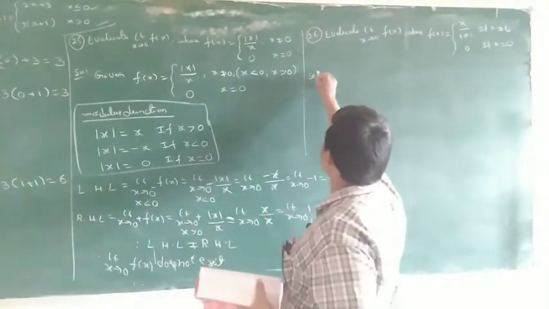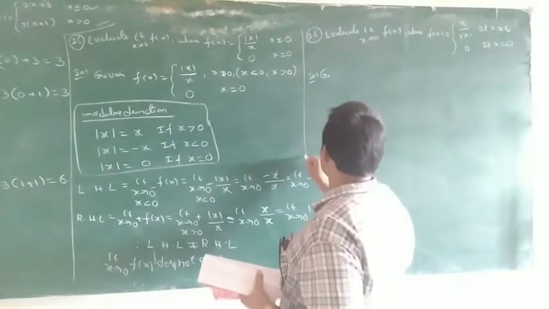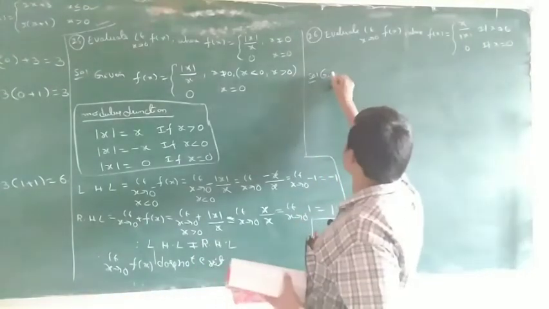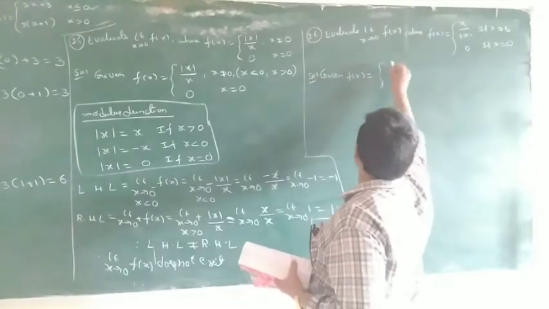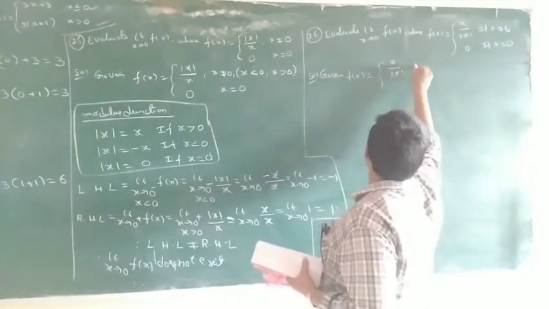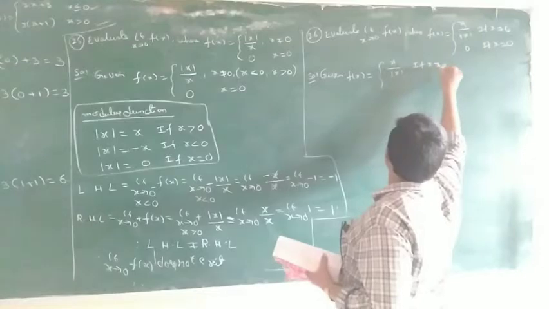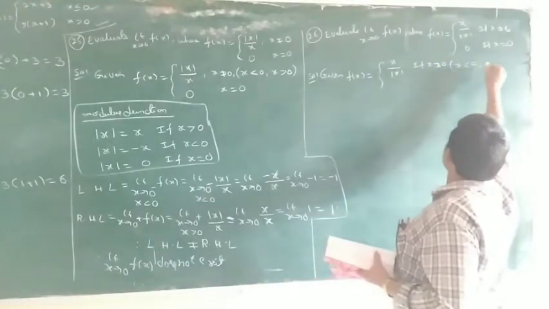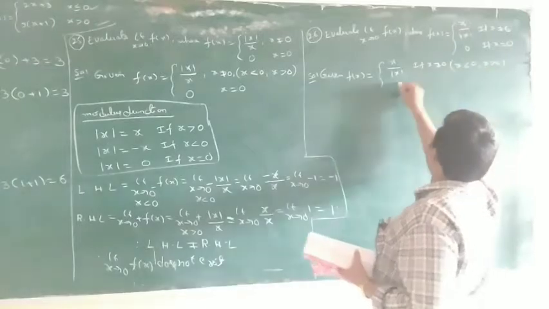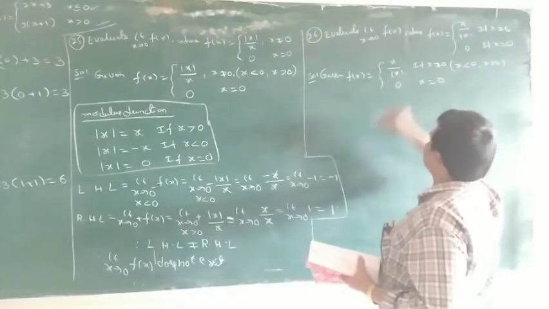So the solution. Given f of x is equal to x by mod x if x not equal to 0. X not equal to 0 means less than 0 or greater than 0.